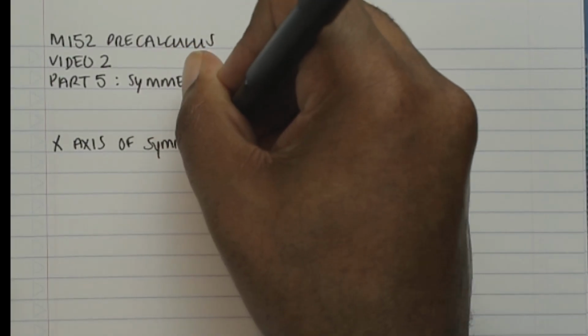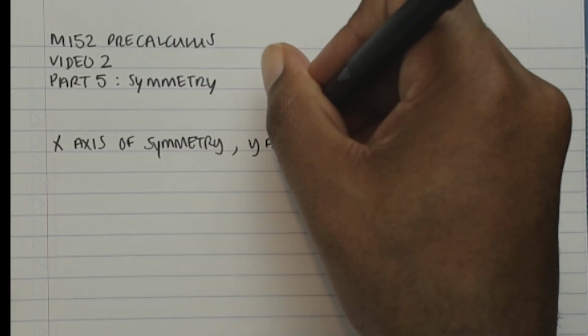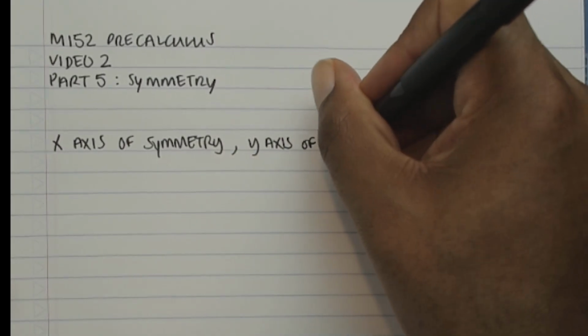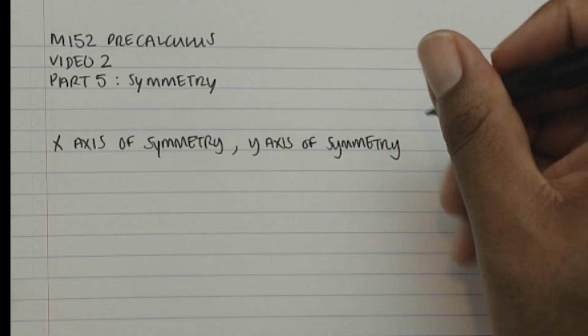We have x-axis of symmetry. We have y-axis of symmetry.